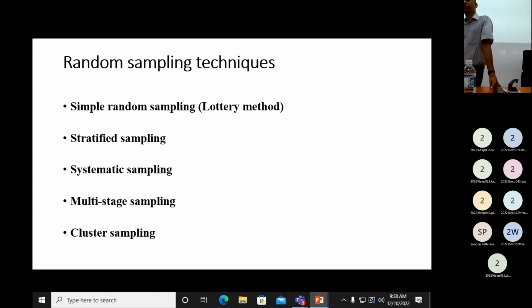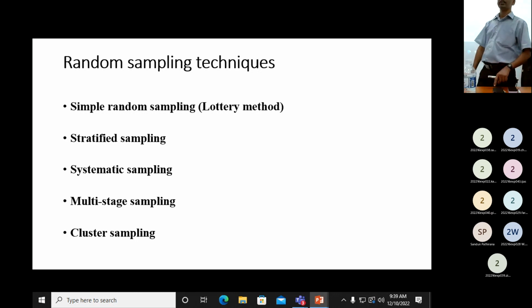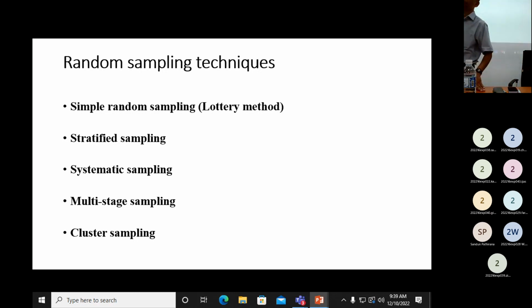What is the advantage of this? The first advantage is that after selecting the first one, it is easy to decide the other items.